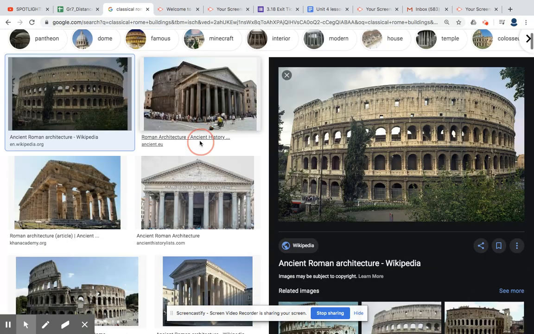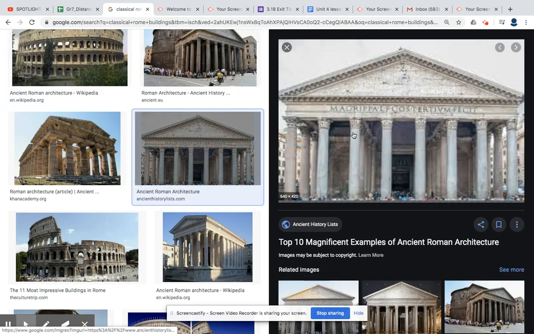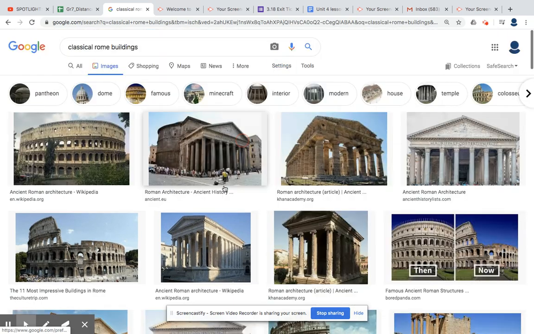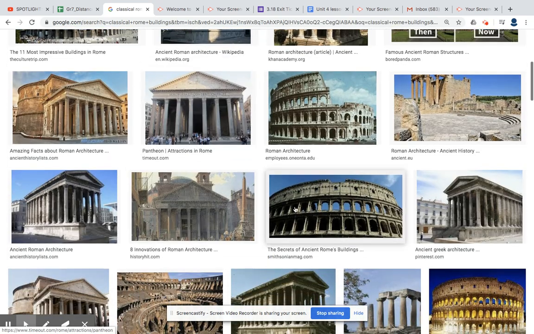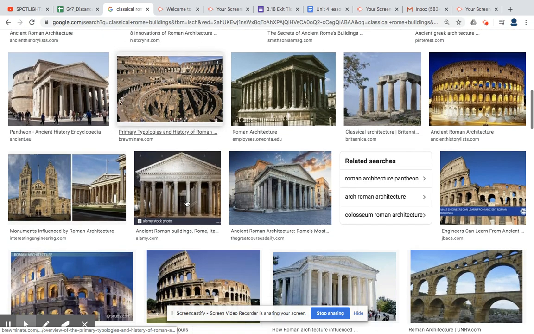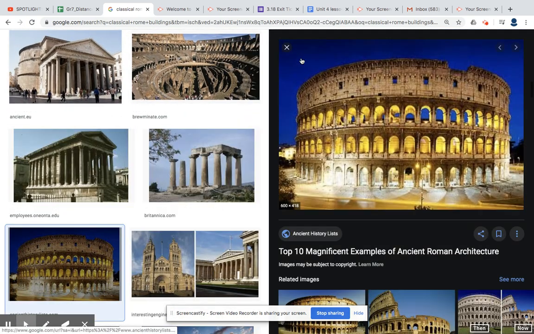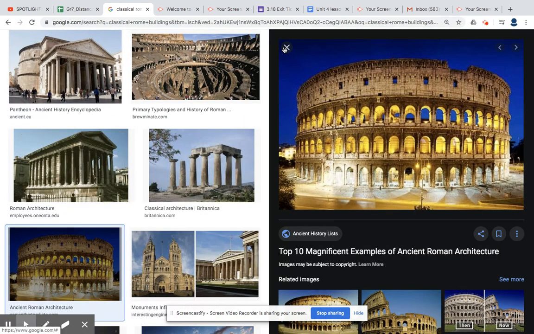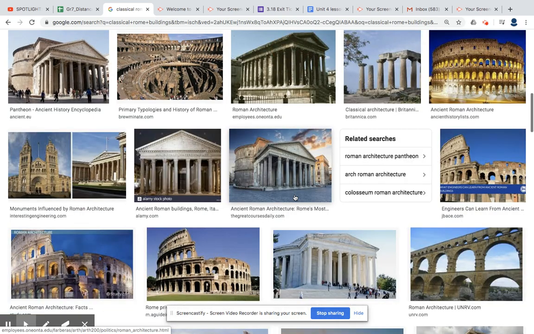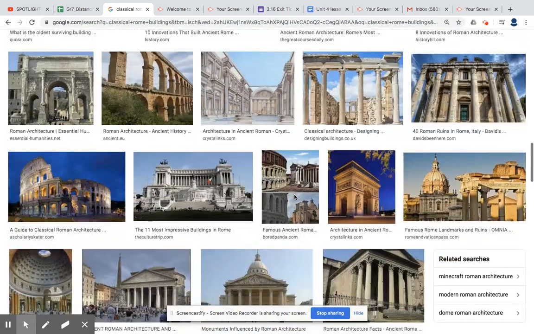The Romans are also using columns that they borrow from the Greeks. Here are more arches. This is the Colosseum in ancient Rome. This is where the gladiators fought.